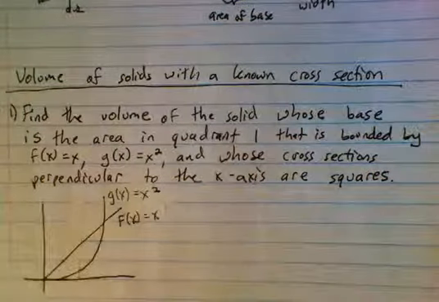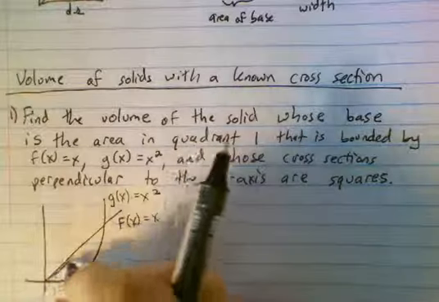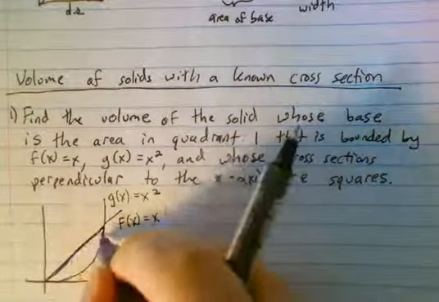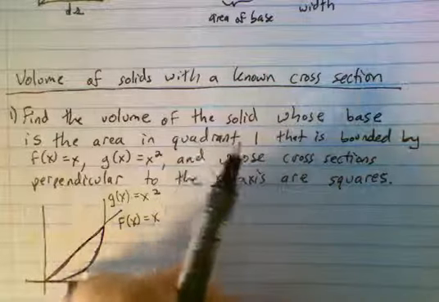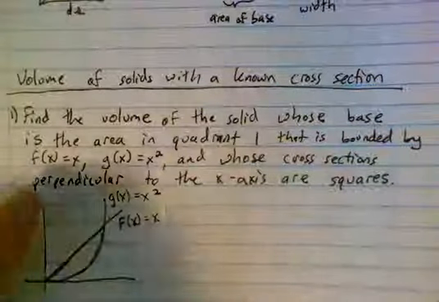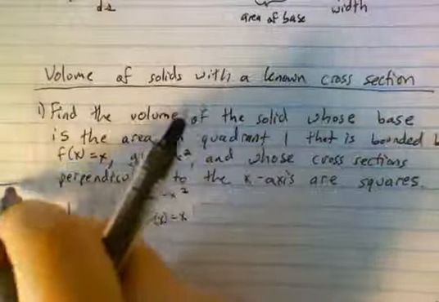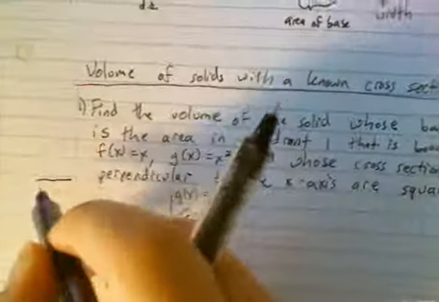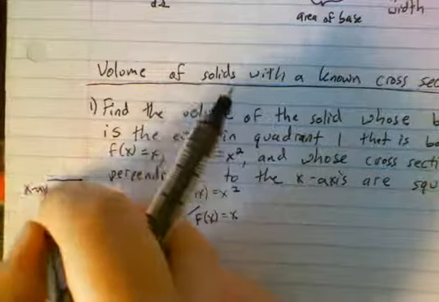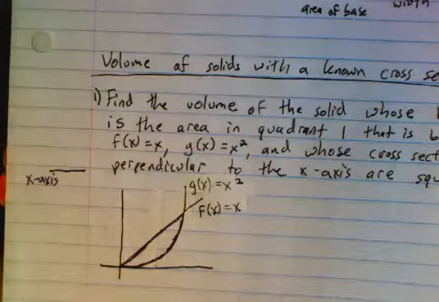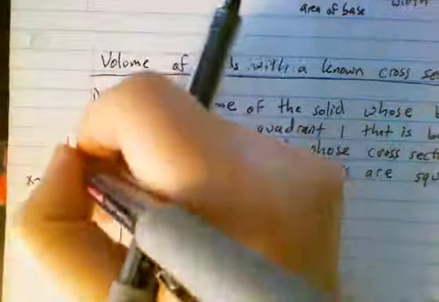Let me redraw that a little bigger. So we're looking at this area right in here. And when this says perpendicular to the x-axis, that means if our x-axis is here, any little rectangles, cross-sections, anything we're talking about is going to be there. That's our cross-section.